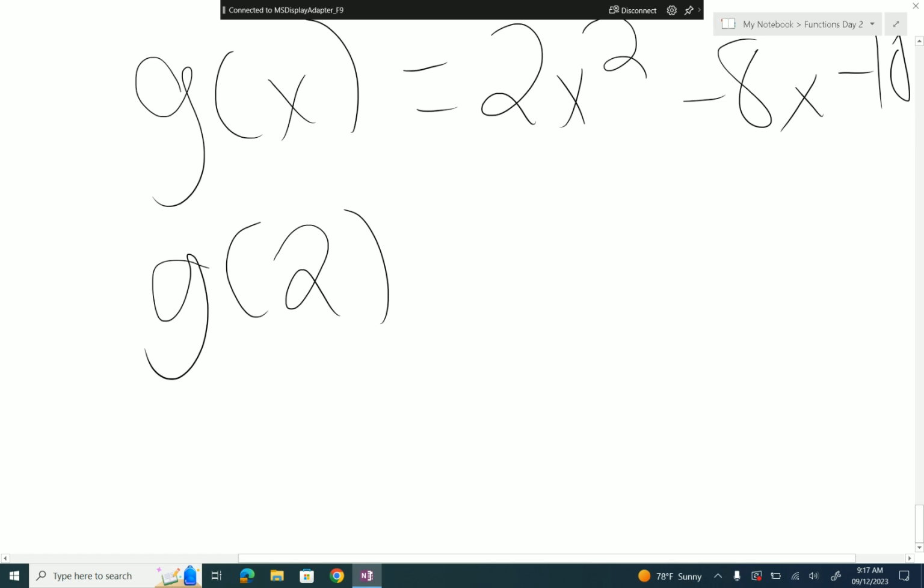So it's going to be 2 times 2 squared minus 8 times 2 minus 10.